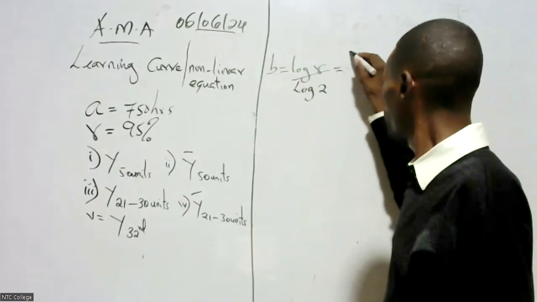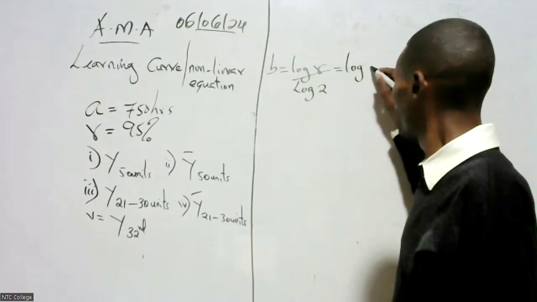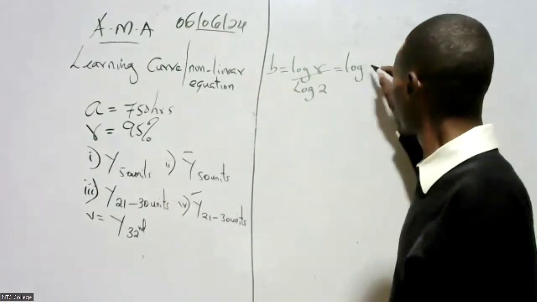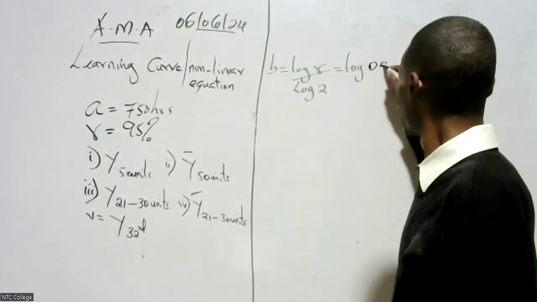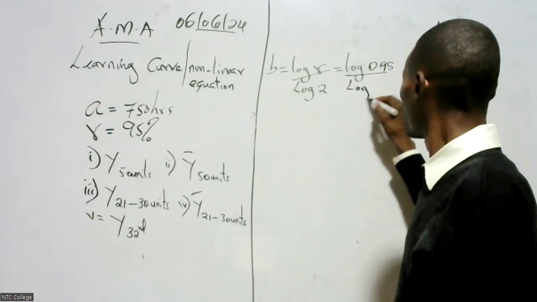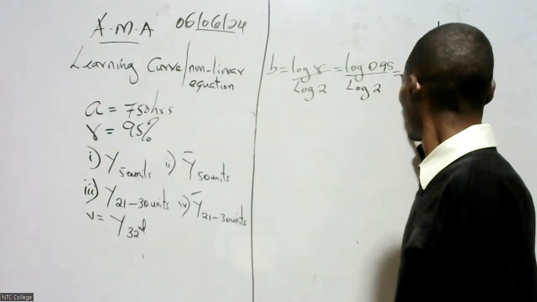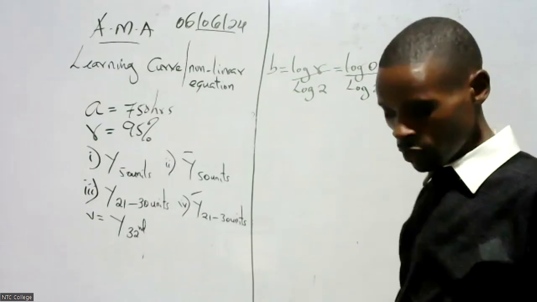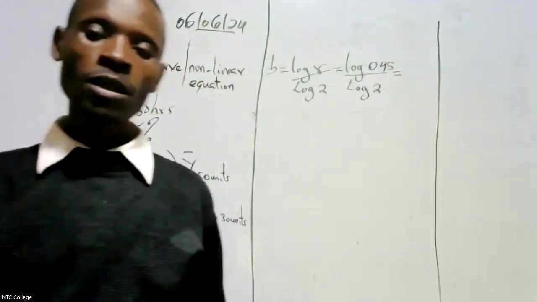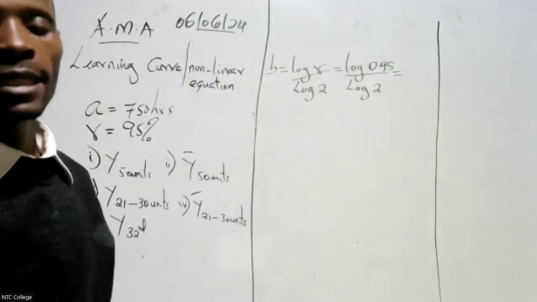So you take the logarithm of 95%, which is 0.95, divided by log 2. Somebody perform that arithmetic and give us the learning index.